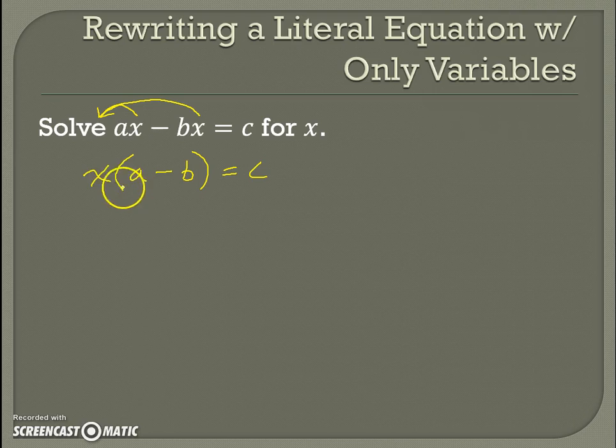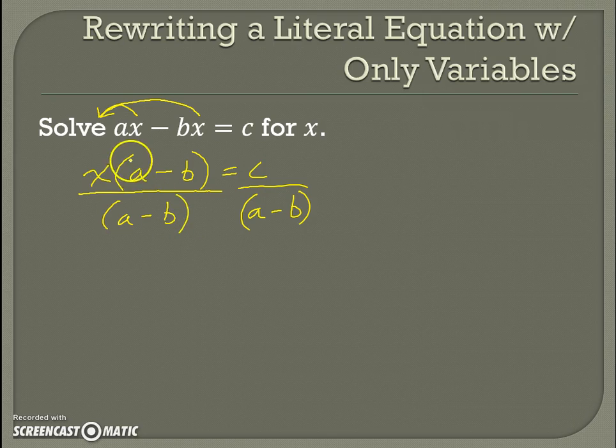So here, now I have a value. I want to get this x by itself, so the way I do this is I divide both sides by this a minus b. And this is one that you'll want to make sure you take good notes on. Students have a tough time with this, and I want to make sure that we're successful.